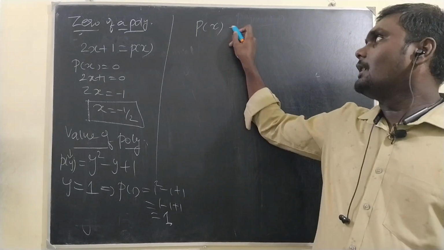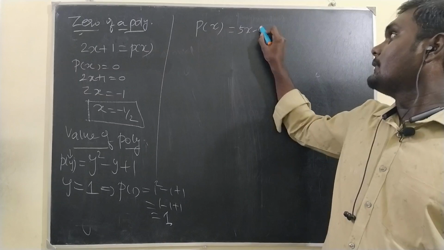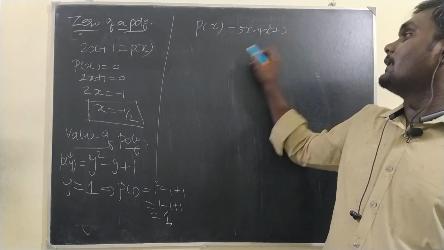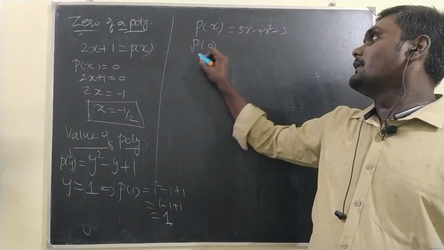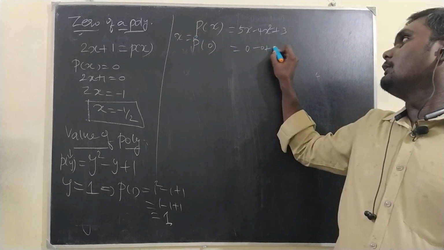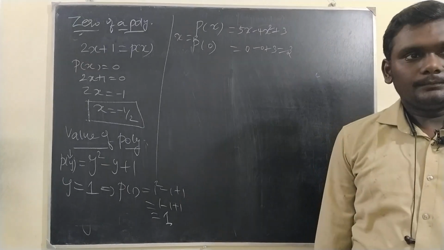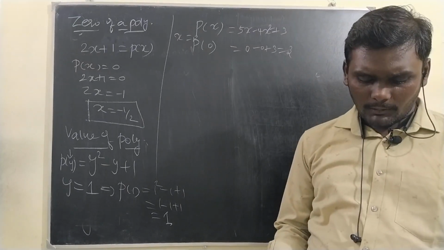So, p of x is 5x minus 4x square plus 3. And then when x equals 0, p of 0 is 0 minus 0 plus 3 equals 3. Got it? Like this, you can find the value of the polynomial.